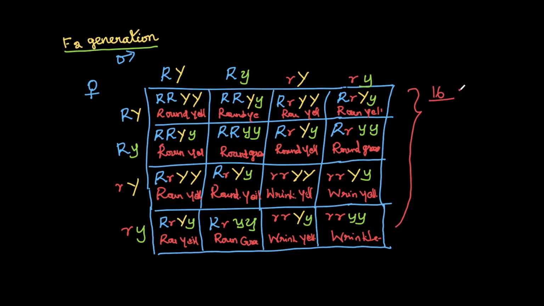So these 16 plants are produced in the F2 generation.